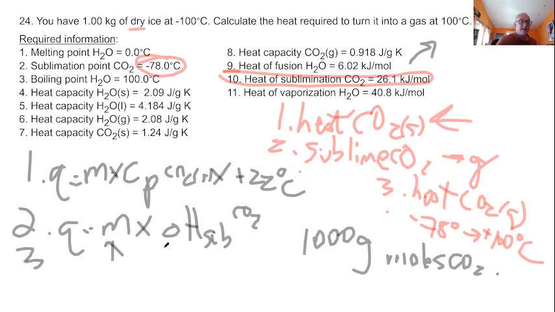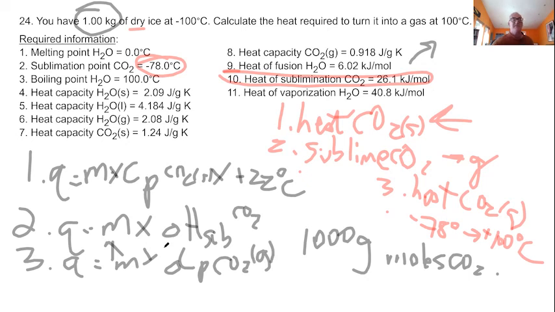And then the final one, the third Q, is mass again, this time of gas, because now we've got gas. And again, 1,000 grams, times the heat capacity of CO2 gas. Now that's going to be different. The heat capacity of the gas is less because the gas doesn't increase in temperature as much when you add heat as the solid does.